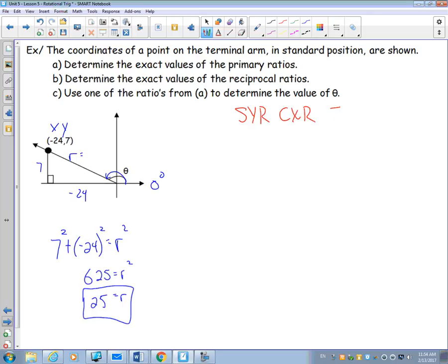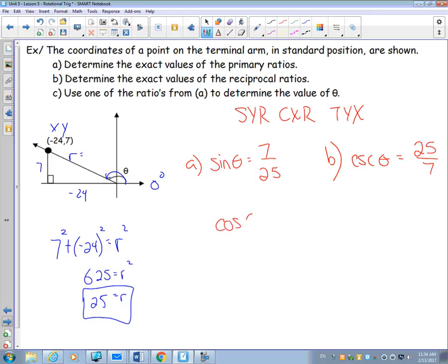Sixer ticks. So my sine ratio is going to be the y value, which is 7, over the r value we just calculated, 25. I'm going to cheat here. I'm going to do part A and B at the same time. The reciprocal ratios. The reciprocal to sine is cosecant. S goes with C, C goes with S. And what I do is I flip my fraction.